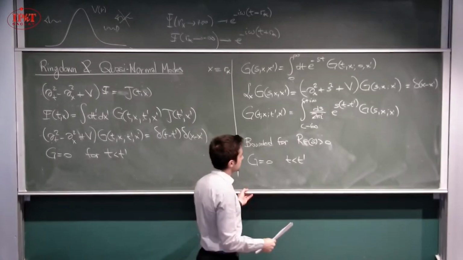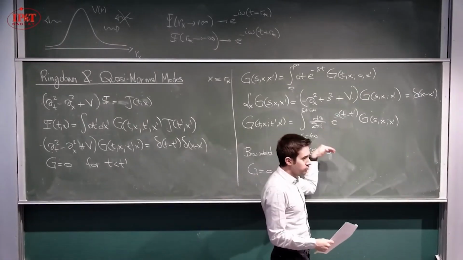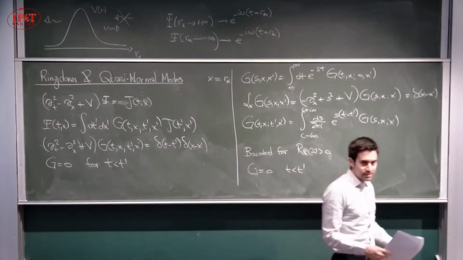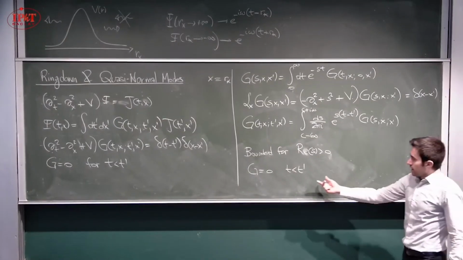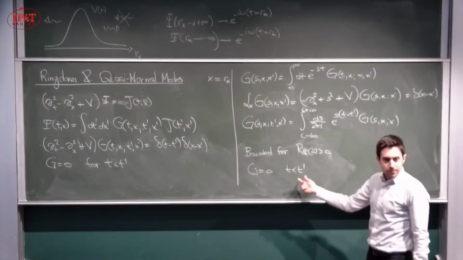So if t is less than t prime, this is negative, I can close the contour to the right, and this condition is going to be satisfied.